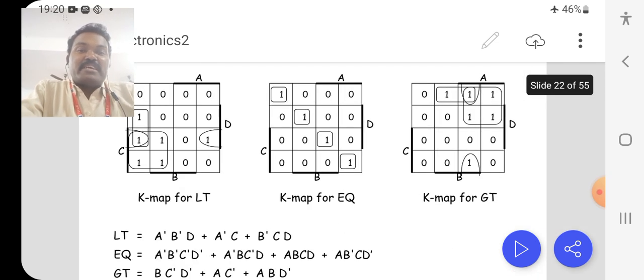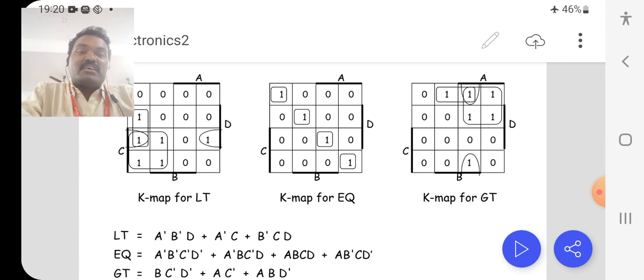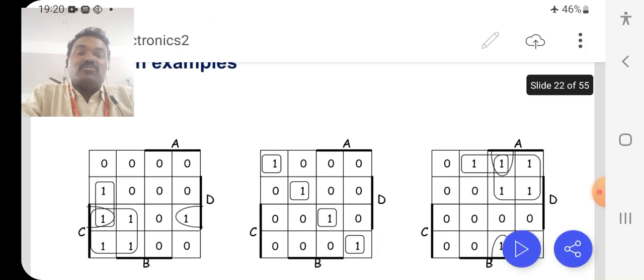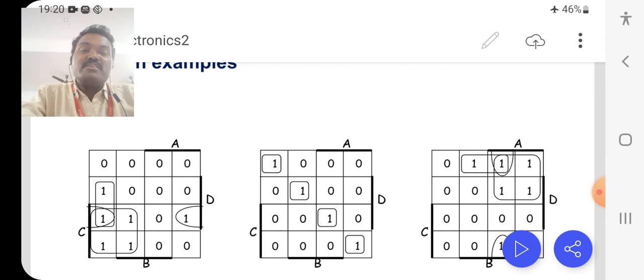Then the next priority is a quad, 4 adjacent ones. Now consider the third row and fourth row. In the third and fourth rows, 4 adjacent cells are present continuously. So I am making one group, that is called group 1. So in this K-map only one quad is present.